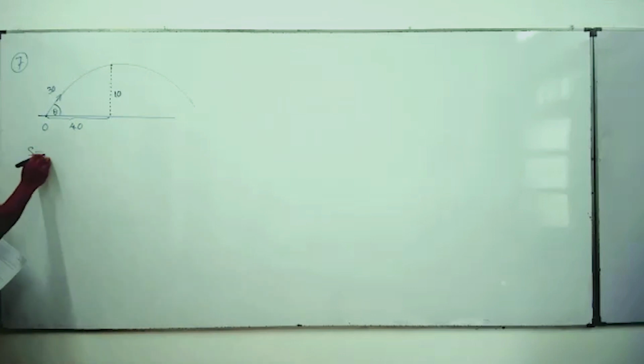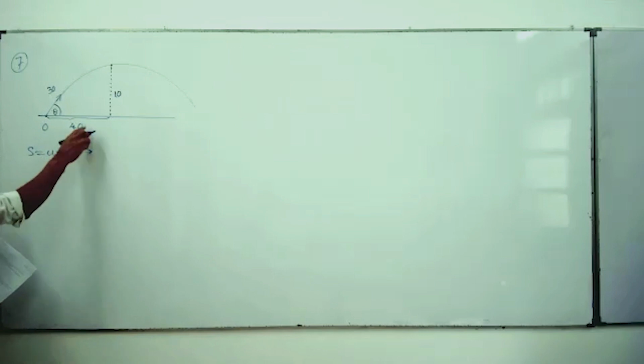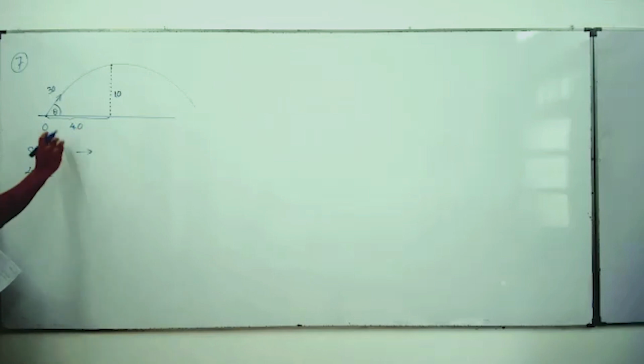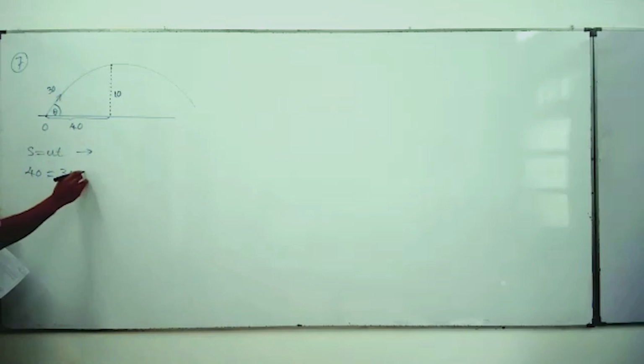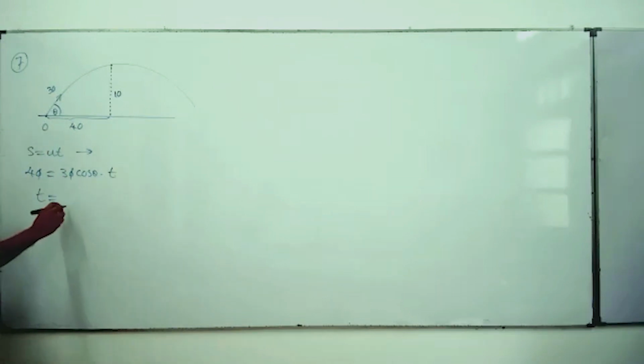Put S equals UT. Right. 40 equals 30 cos theta into T. This and this you can cancel down. Right, no? S equals UT, no? Then T is 4 divided by 3 cos theta.